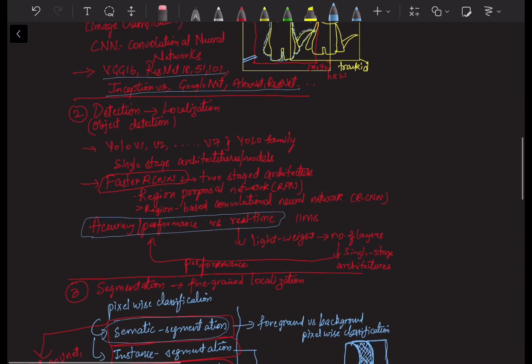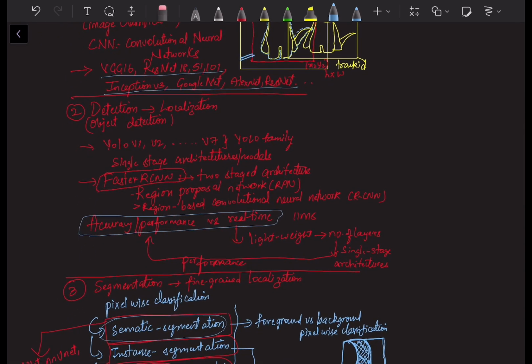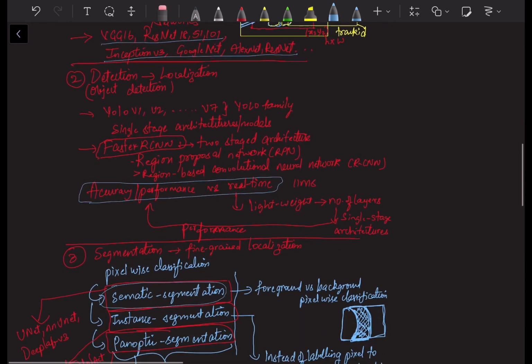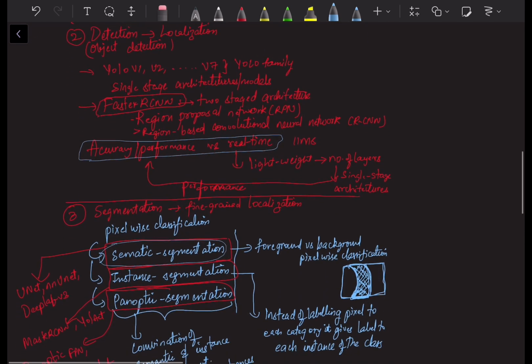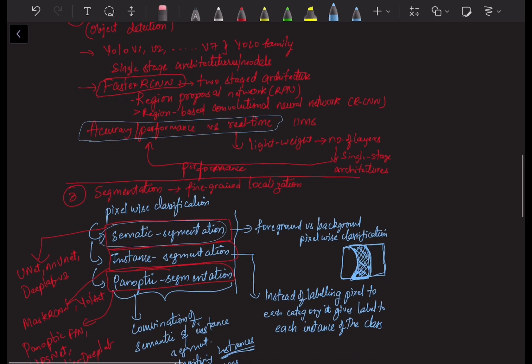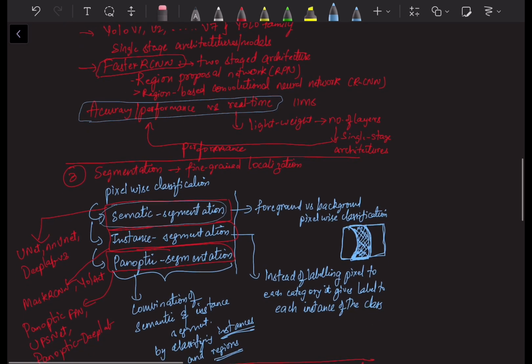Then we moved on to the detection or localization task. Again, what it does, and what all the models involve, single stage and two stage architectures, and the reasoning behind them.